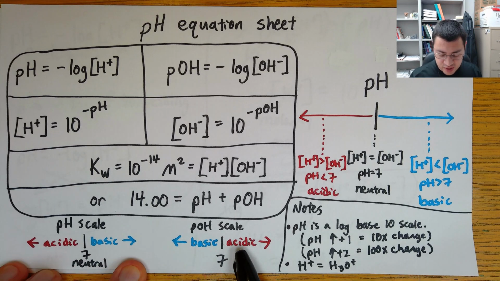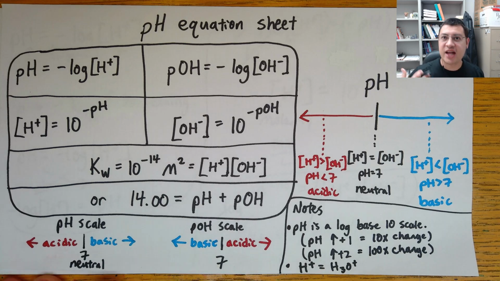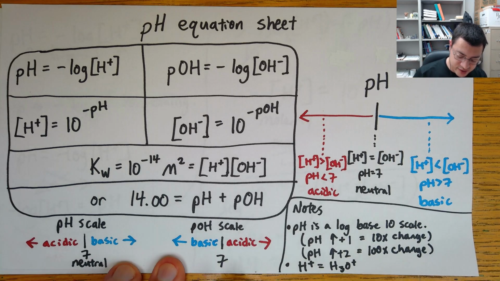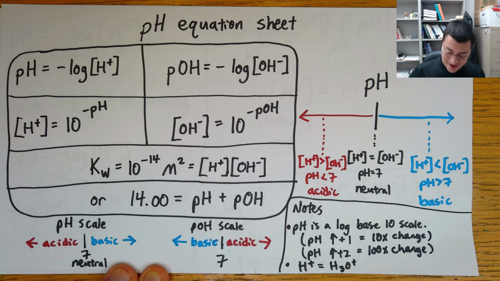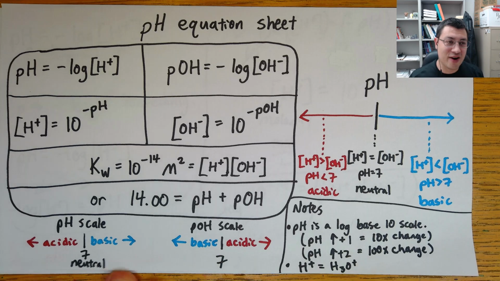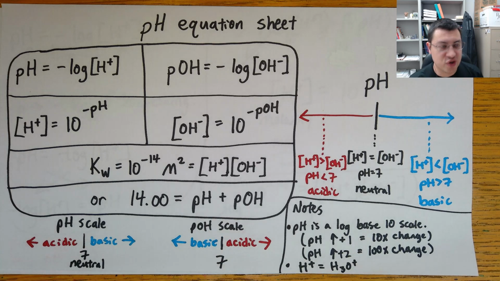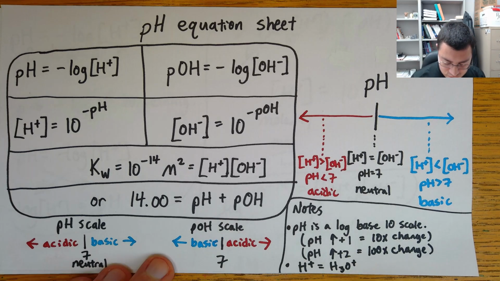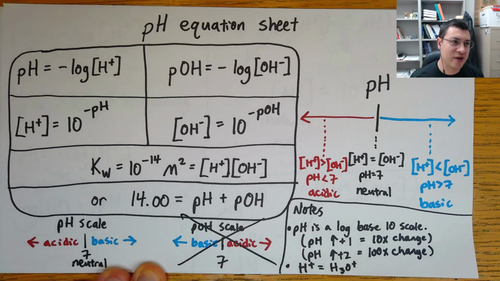In the pOH scale, you are measuring off of the hydroxide, which has the exact opposite behavior of H+. So in other words, the numbers lower than 7 are basic, and the numbers higher than 7 are acidic. If you're comfortable thinking in either pHs or pOHs, great. But for most students, and heck, for myself, I really recommend not caring about that.